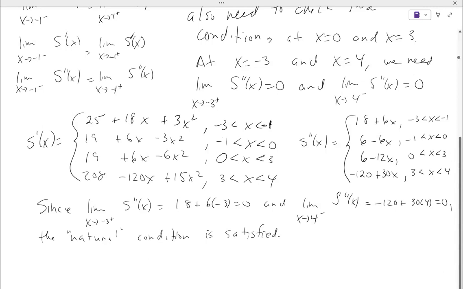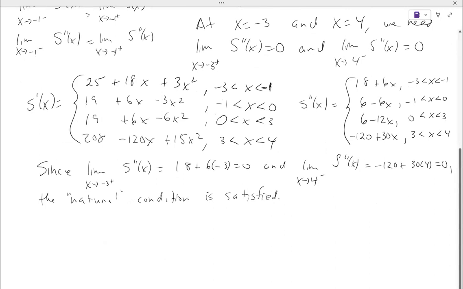Okay. So just to write down the values, we're checking that the one-sided limits exist in that case. So we really do get 10 for this one. And this one was 19.